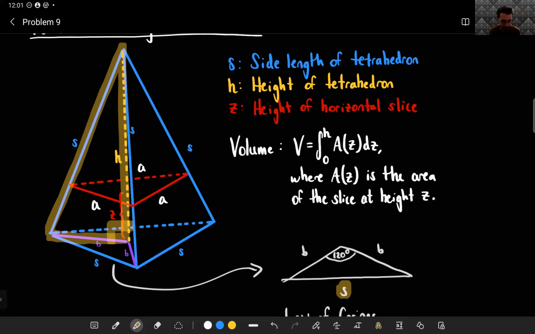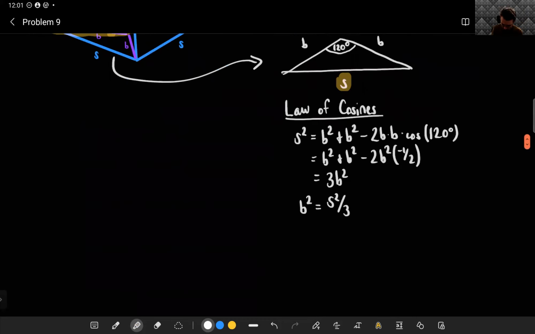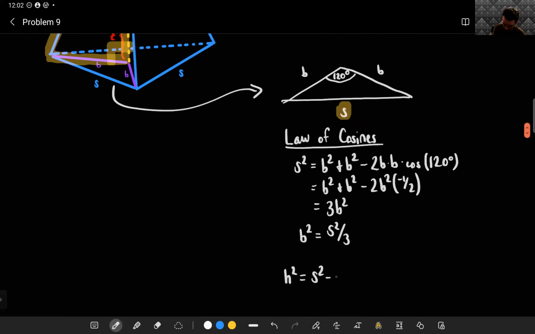Convince yourself it actually is. But yeah, it's a right triangle. Taking that triangle out, I can write another formula down. This one I can just use straight up Pythagorean theorem for, and I want to solve for h. So what do I know? I know that h squared is the hypotenuse squared minus the other side squared.